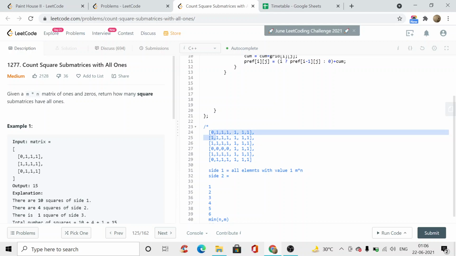The rest of the 2's are already calculated when this row was added. So I'm concerned about when this row is added, the 2's that will be formed will be on this row. So there will be three twos: considering this, then this, and then this.